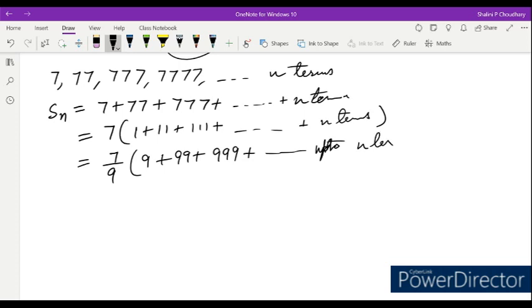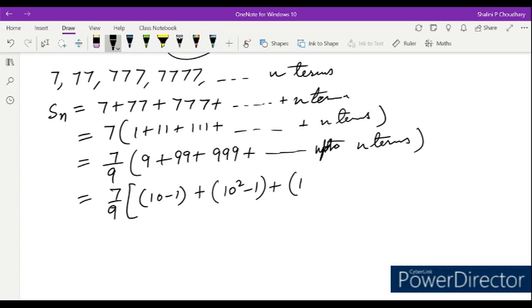Okay, so 7 upon 9, and 9 we can write as 10 minus 1, and 99 we can write as 10 square minus 1, 999 we can write as 10 to the power 3 minus 1, up to n terms.